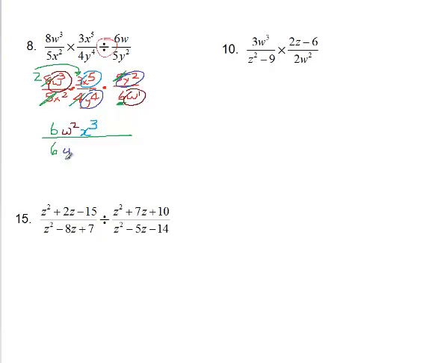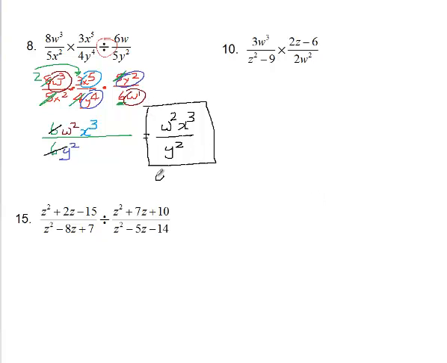Subtracting those would leave me with y squared on the bottom. And the 6's we can cancel out now. So our final answer would be, of course, w squared x cubed over y squared. There's your final answer. Okay?